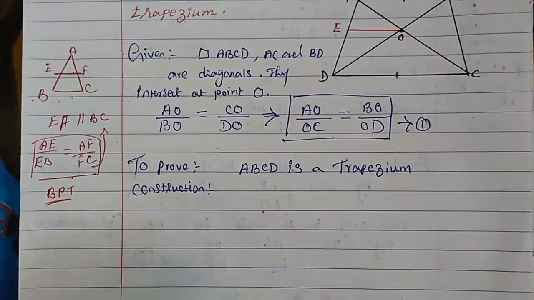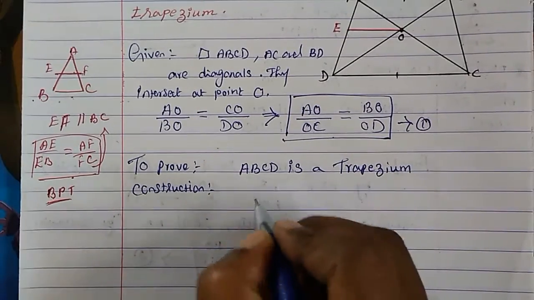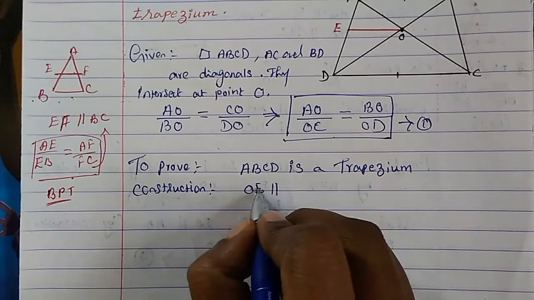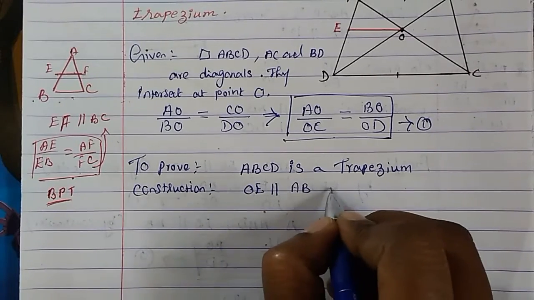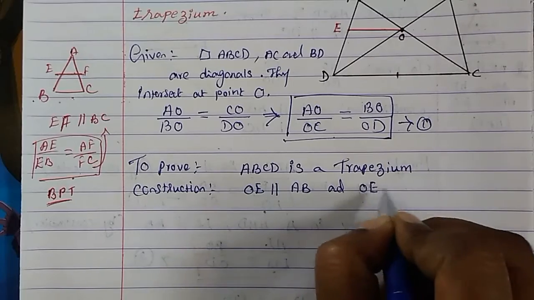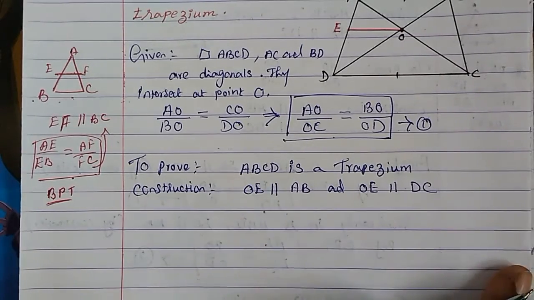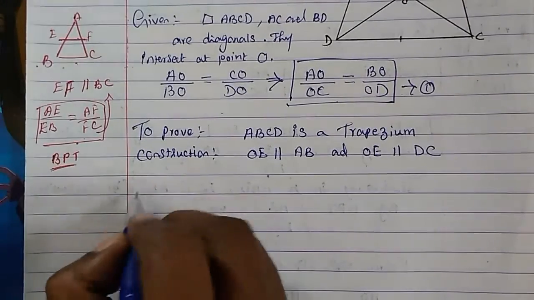Okay, so our construction is such that OE is parallel to AB and OE is parallel to DC. Okay, we have constructed. So now let's begin the proof.